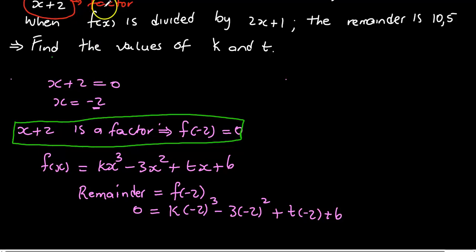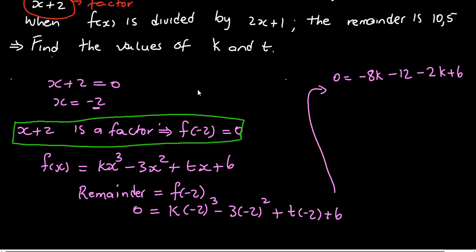So now we just have to multiply out those brackets. Let us quickly work on it this side. So we're going to say this is 0, it's equal to -8k, then we minus 12, we minus 2t plus 6.